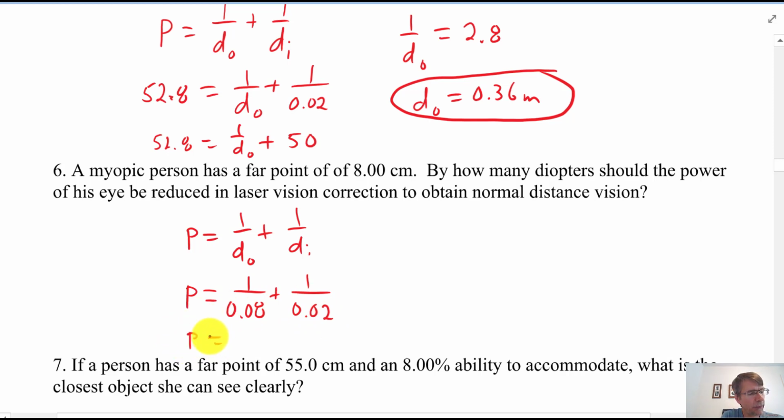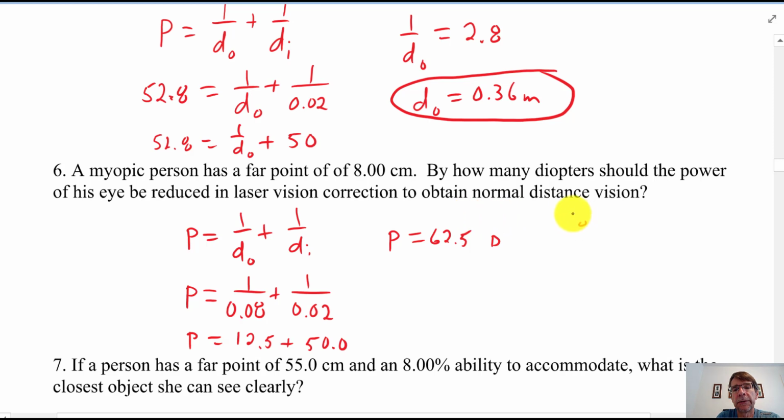So it's 1 over 0.08, which is 12.5, plus 50.0. So the power of the eye without any help is 62.5 diopters. Now that's not the answer for good vision.